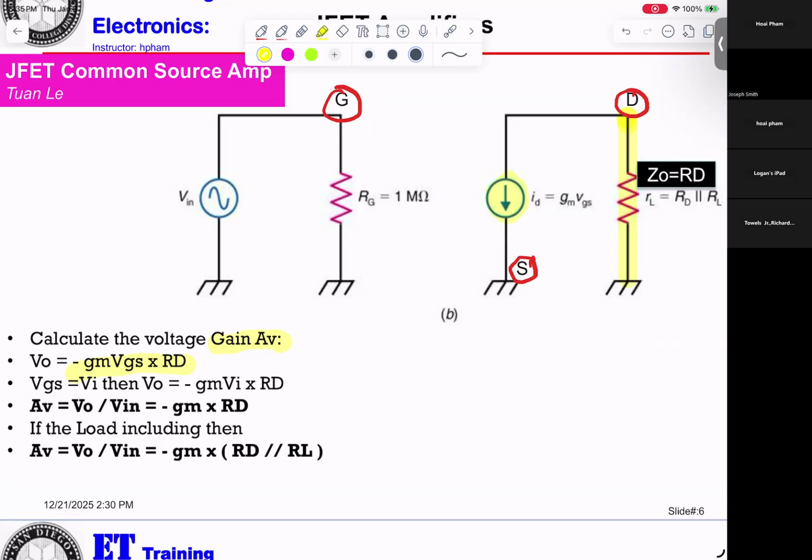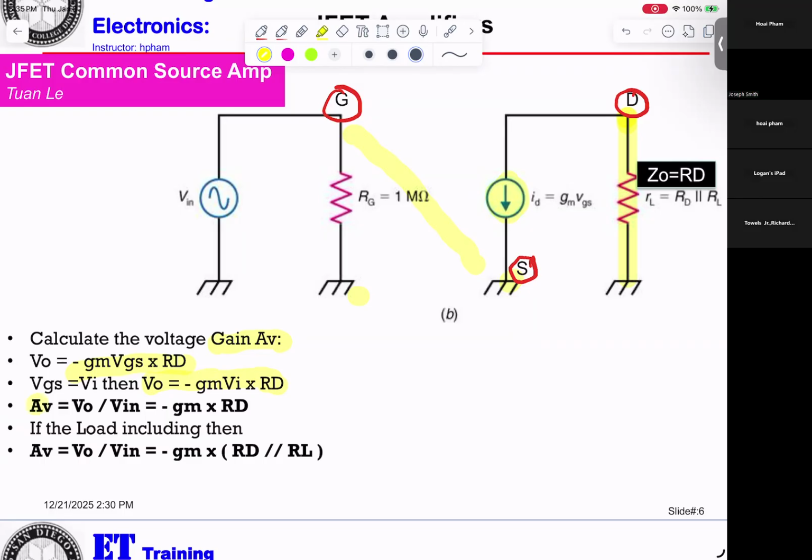So VGS equals Vin. VGS means from G to the S, that's the VGS here, same thing as Vin. Then Vout equals minus gm times Vin times RD.